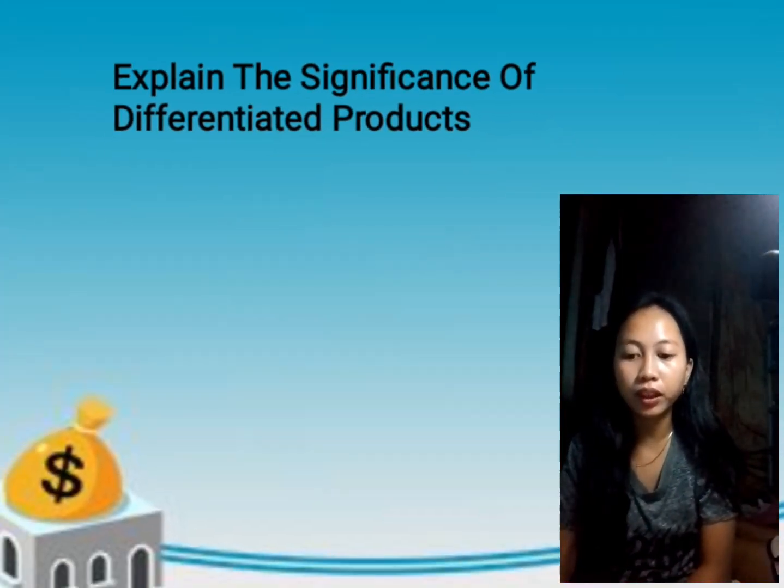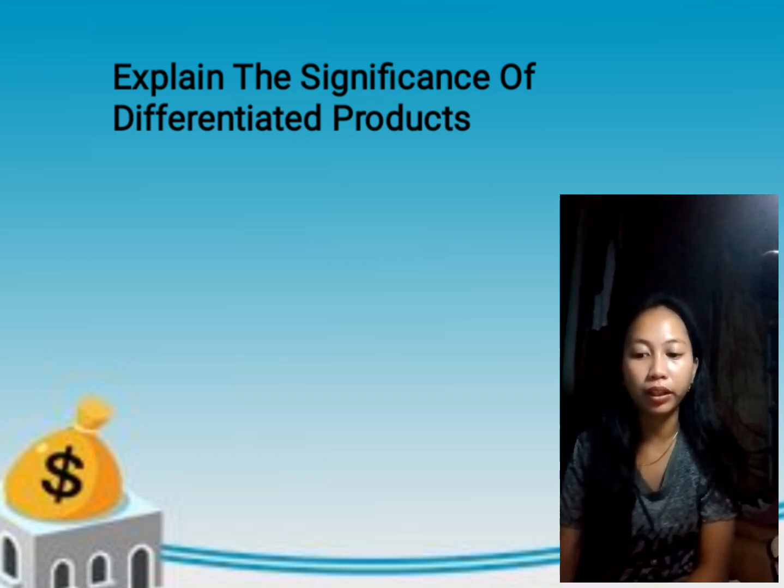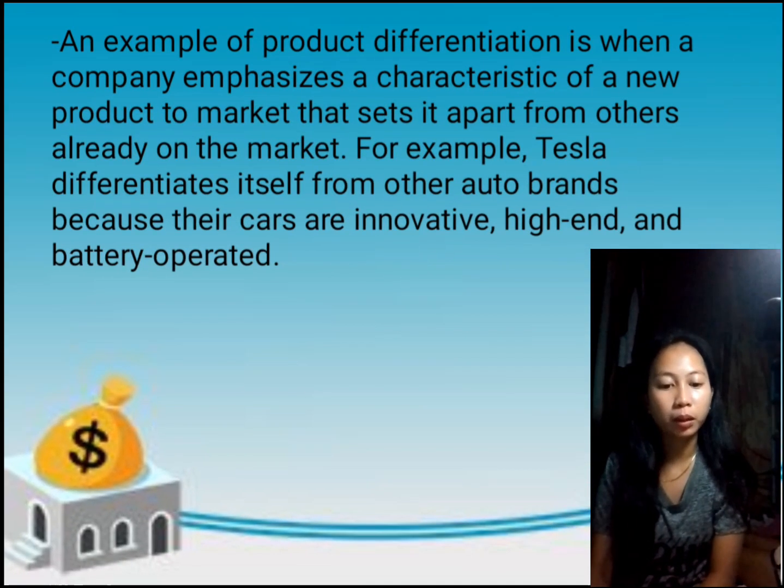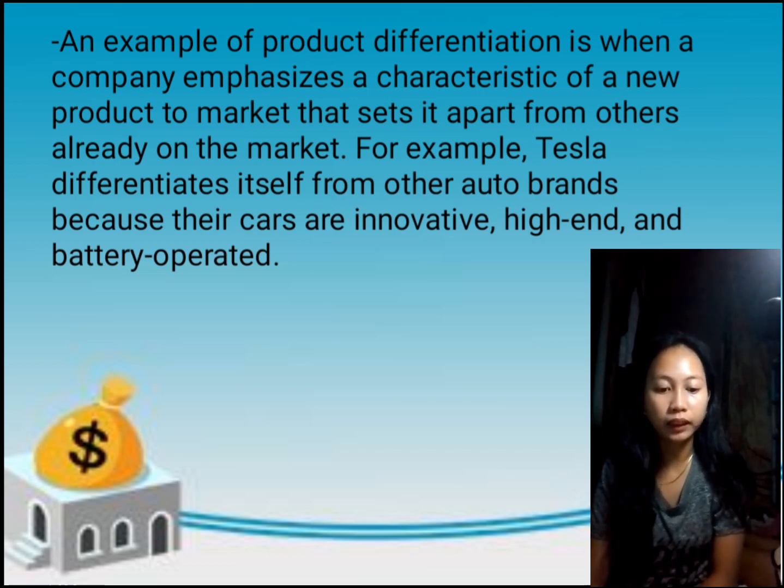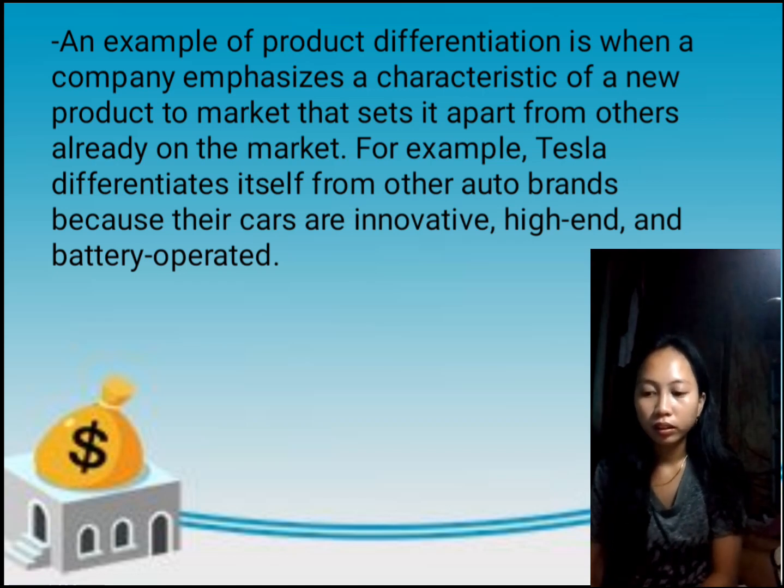Explain the significance of differentiated products. An example of product differentiation is when a company emphasizes a characteristic of a new product to market that sets it apart from others already on the market. It is used in various industries, and for consumers, it includes the competitive advantage.